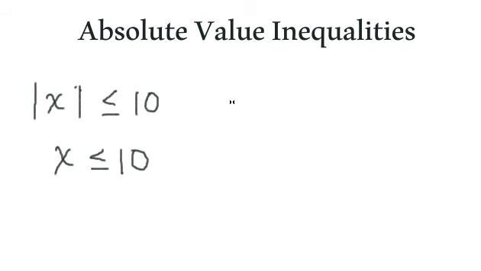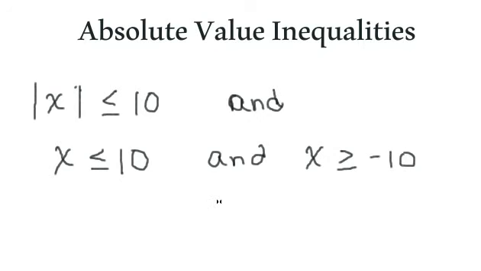So this time we're going to use the word and. So this is going to end up being x is less than or equal to 10 and x, now we're going to flip the inequality and throw a negative out in front of 10 here. So there's our solution: all values less than or equal to 10, and all values greater than or equal to negative 10.